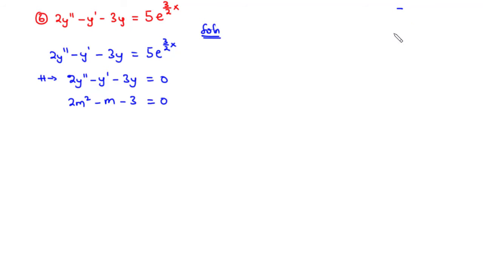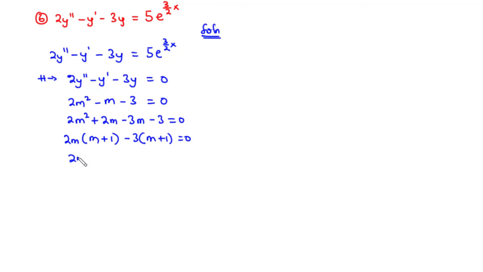So 2 and negative 3. So we have 2m squared plus 2m minus 3m minus 3 equals 0. We factor out 2m, we have m plus 1, we factor out negative 3, we have m plus 1 inside equals 0.